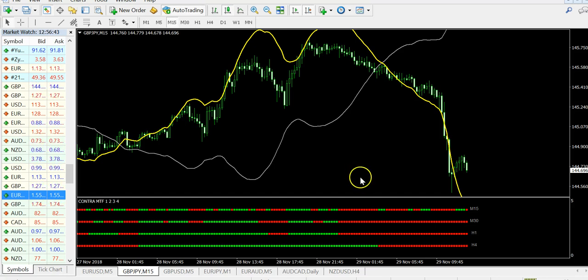As you have noticed, we have these two Contra lines, and we have this multi-time frame, which shows you we are on M15, and it shows M15 and 30, 1 hour, 4 hours. So 4 time frames and 3 higher time frames, which we use for confirmation.